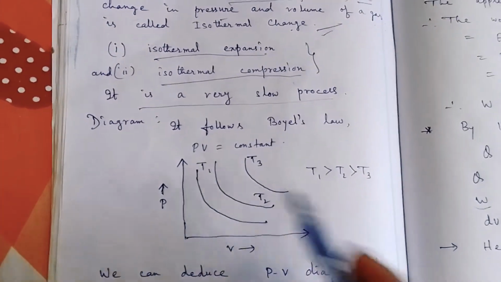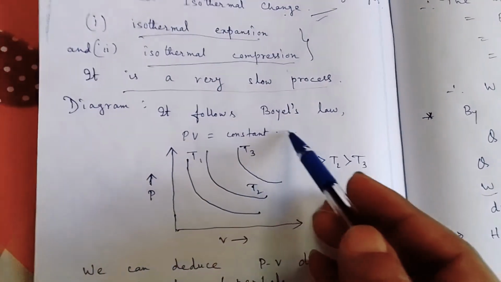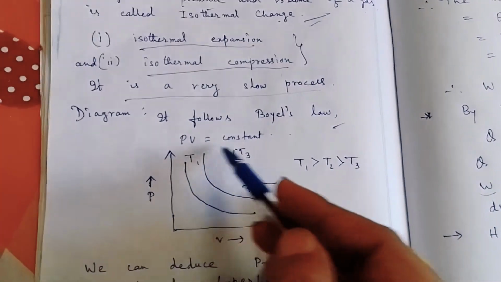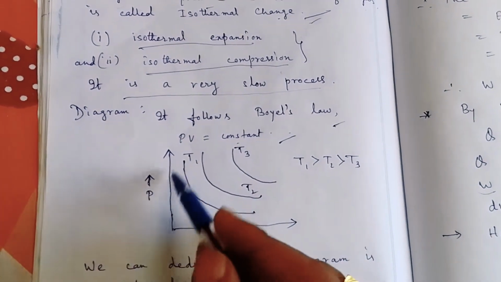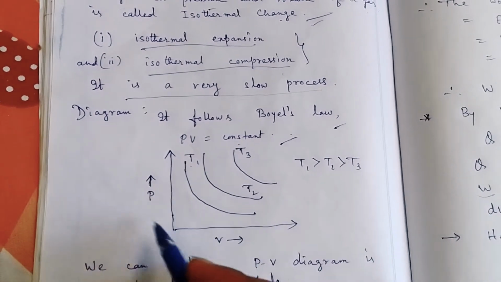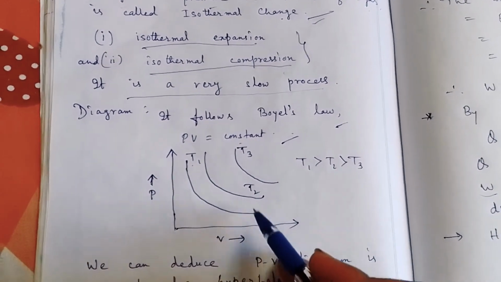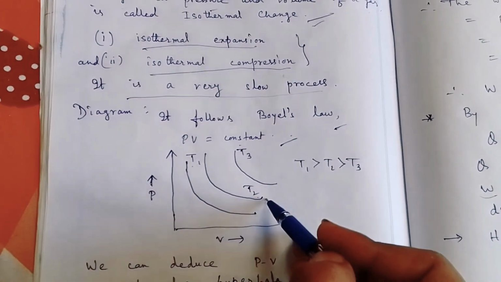If we take a diagram of isothermal change, it follows Boyle's law, PV is equal to constant, because temperature is constant. So we will get it in this way. If we take a constant temperature T1, we will get the diagram in this way. If we take the temperature T2, we will get the diagram in this way.